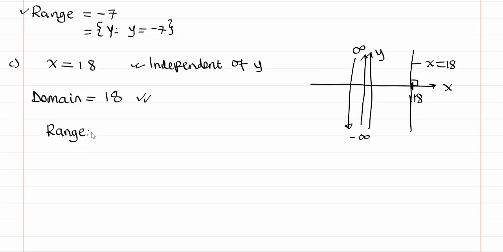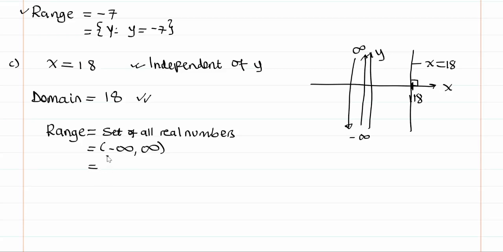So our range now becomes a set of all real numbers, or simply a set of real numbers. Our range in interval notation is the values of y from negative infinity up to positive infinity.